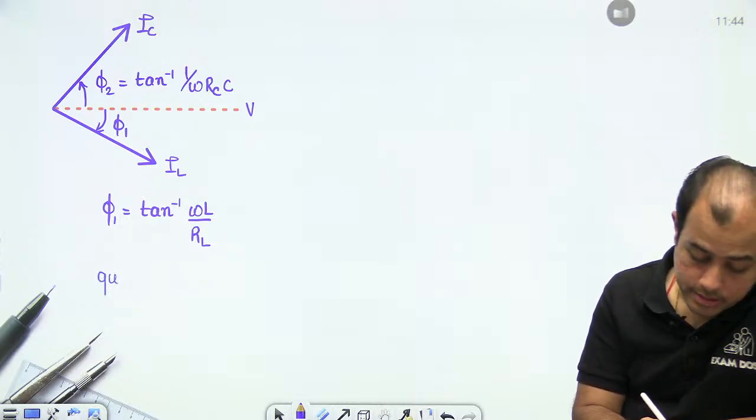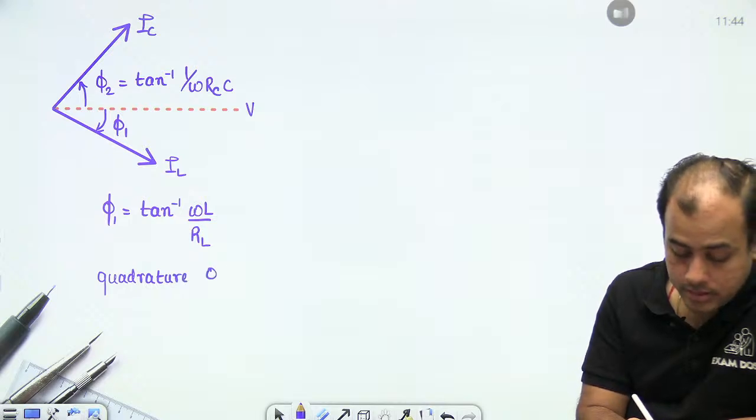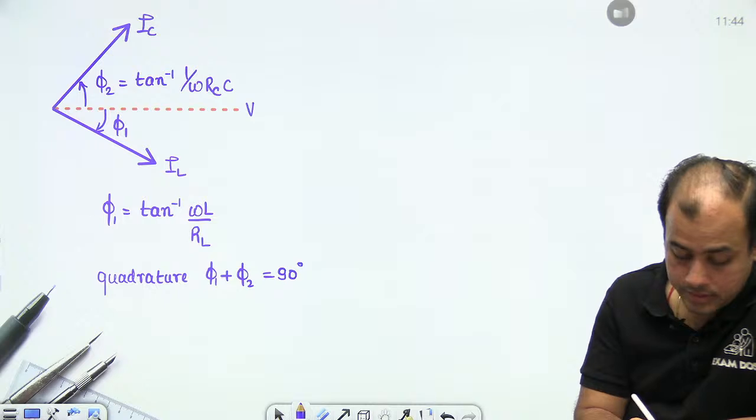So quadrature means that the two currents are at 90 degrees.